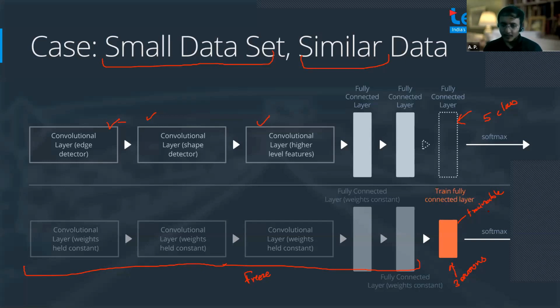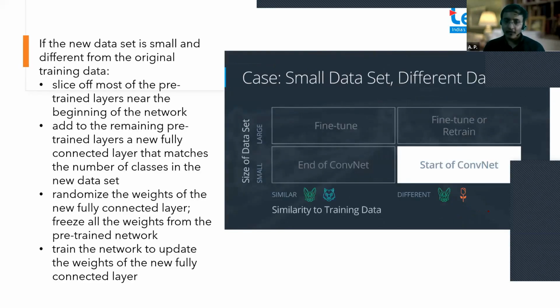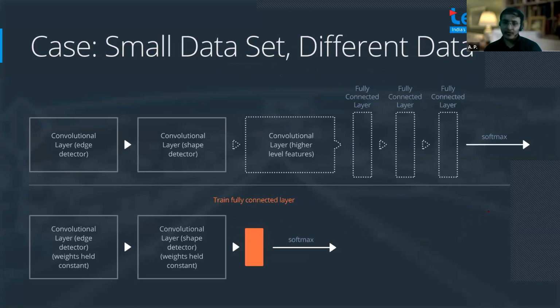For other situations, there can be other options for how you may want to do it. For example, when you have a different neural network, which is trained for a different problem, in this case, all of these layers are not useful. So we remove the last layers and add a single layer, and freeze the remaining layers and train the last layer.